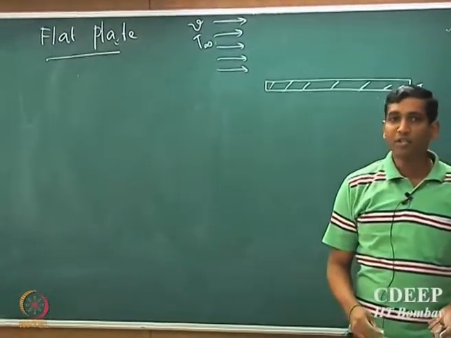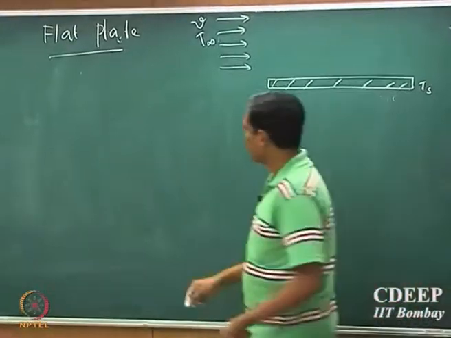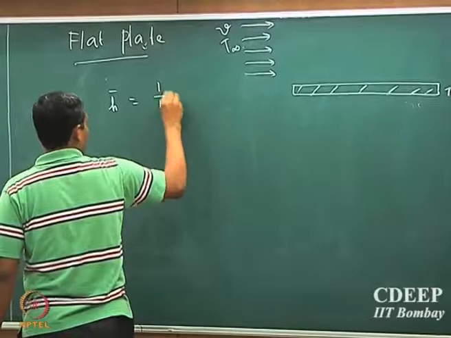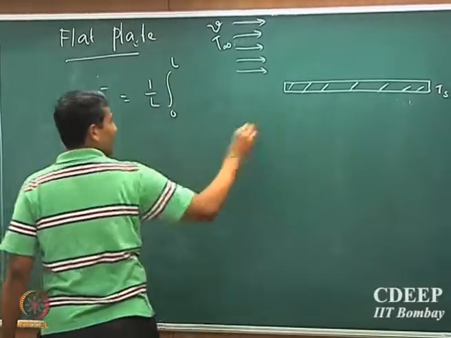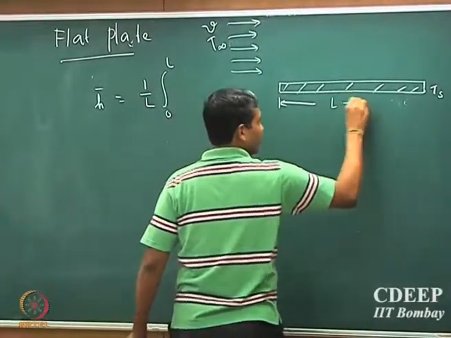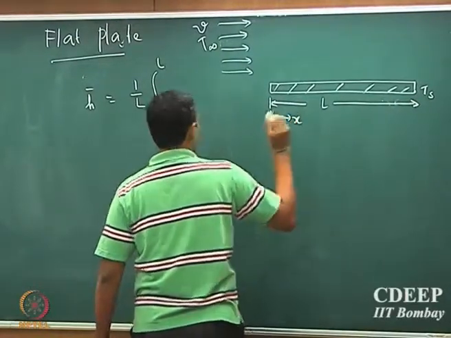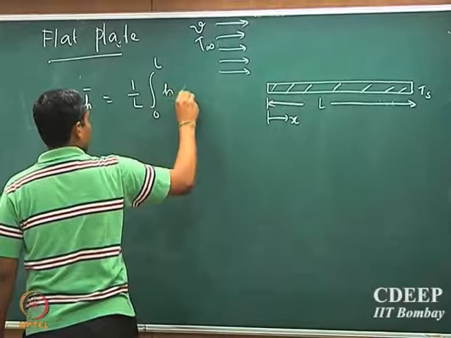So the average heat transport coefficient H bar will be 1 by L integral between 0 to L, if the length of the plate is L and this direction is x, of H times dx.